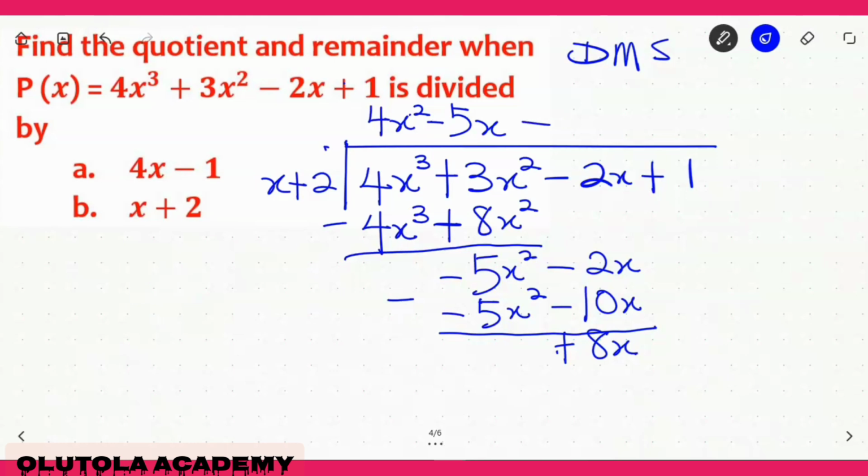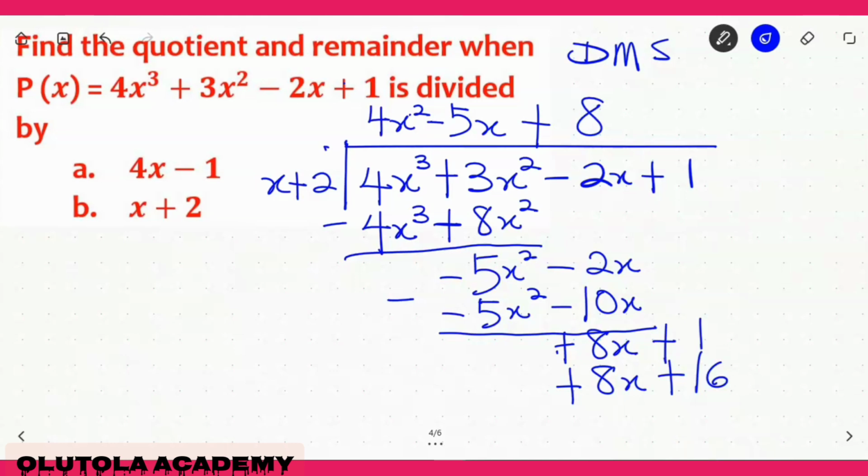So positive 8, then I'll multiply positive 8 with x plus 2. So I'm going to have positive 8x plus 16. 8 times 2 will give us 16. So I'm going to drop this one now.